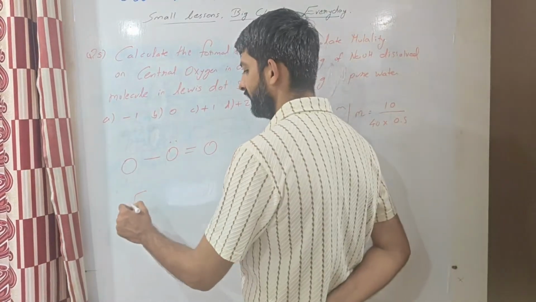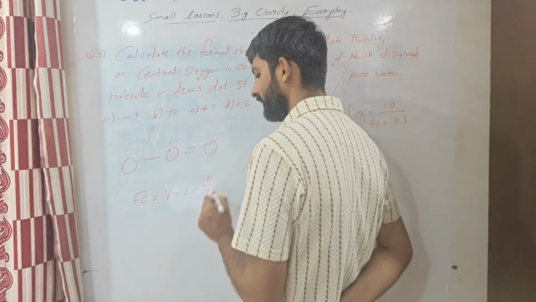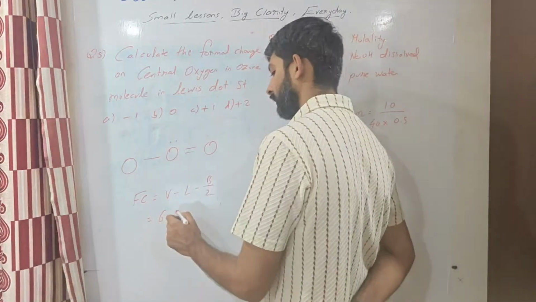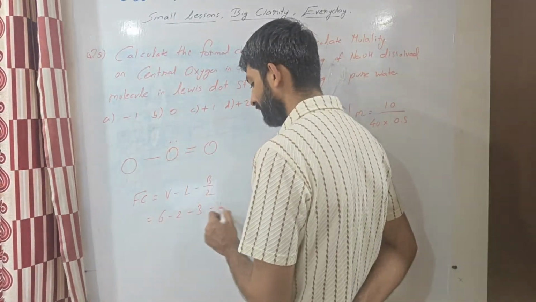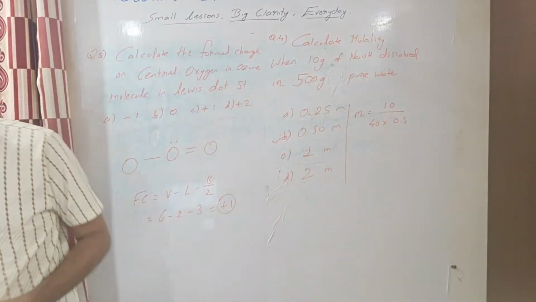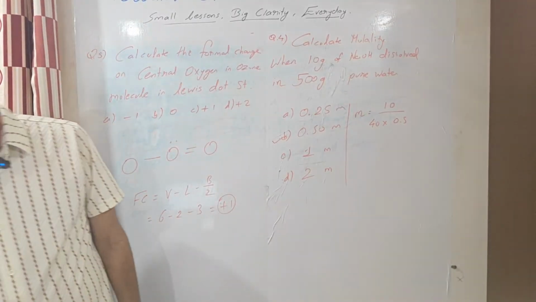So for formal charge, valence electron minus lone pair minus bond pair by 2. So valence electrons are 6, lone pair electrons are 2, bond pair are 6 by 2, so that is 3. So +1 will be the net charge. Very good, Kalp. Perfect logic.